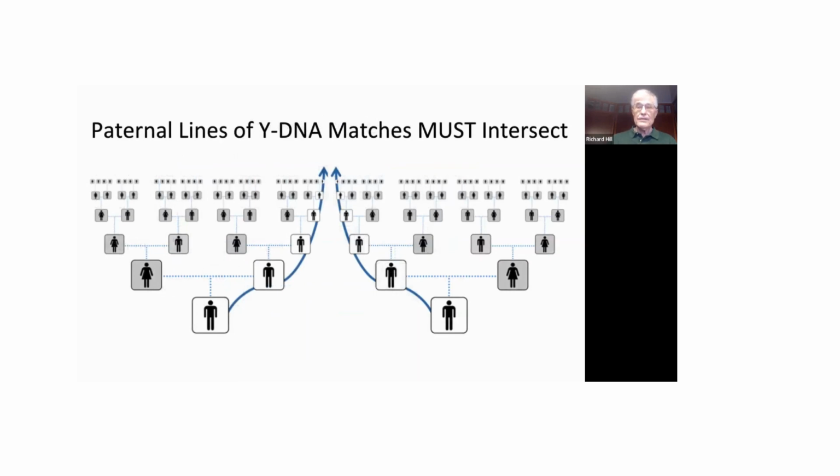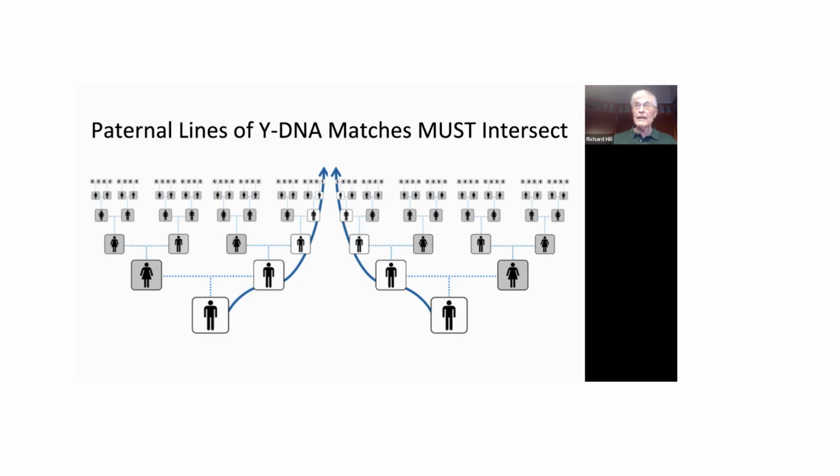If 2 men each take a Y-DNA test and show up as a match, we know that their direct paternal lines must intersect in a single common male ancestor. In other words, if we go up one man's father's father's father's line and the other man's father's father's father's line, they must at some point include the same man.